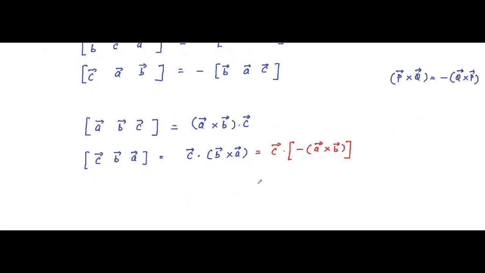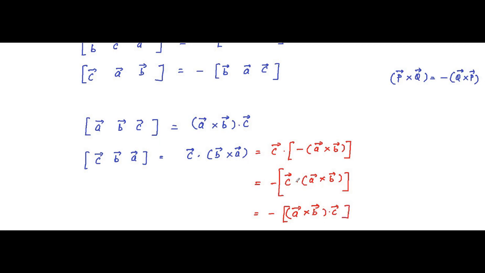So this becomes minus C vector dot A vector cross B vector. Or we can write it as minus A vector cross B vector dot C vector.